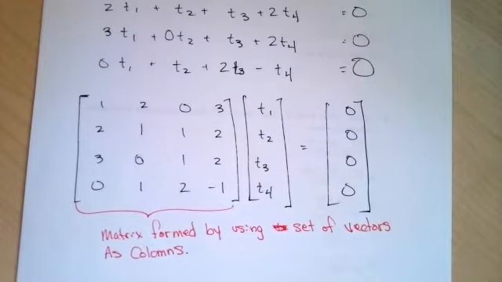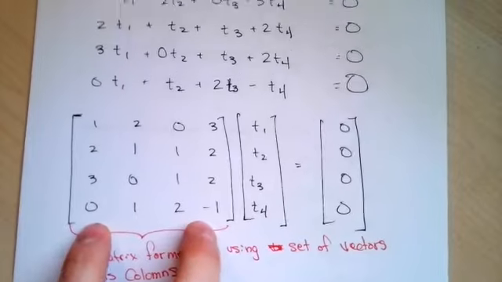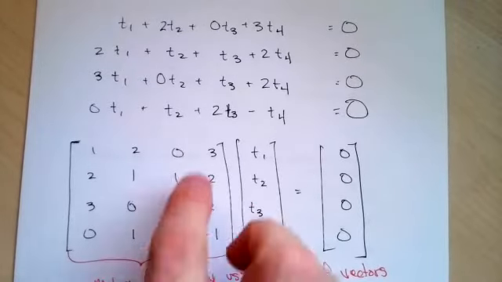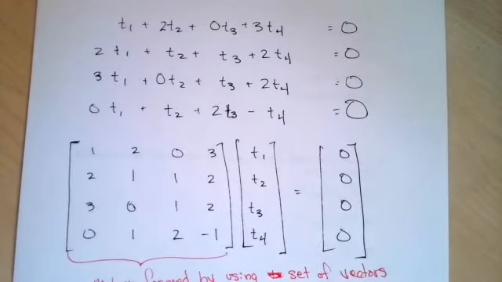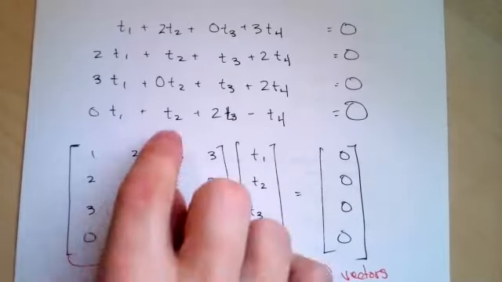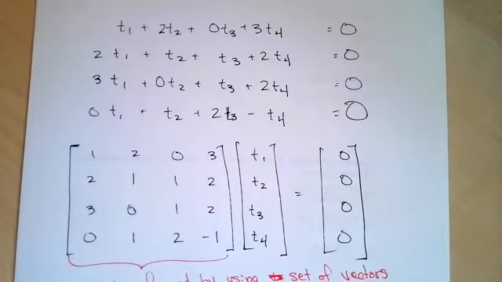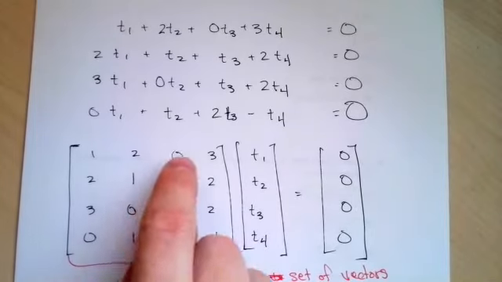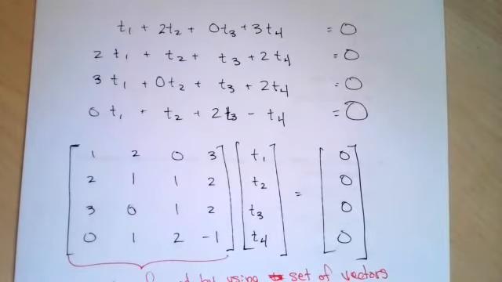And so how can we decode that information to determine what exactly is the span of these column vectors? Is it actually a four-dimensional space, or maybe there are some redundancies in there? Maybe if these vectors aren't linearly independent, then that means one of these vectors is already in the span of the other ones.